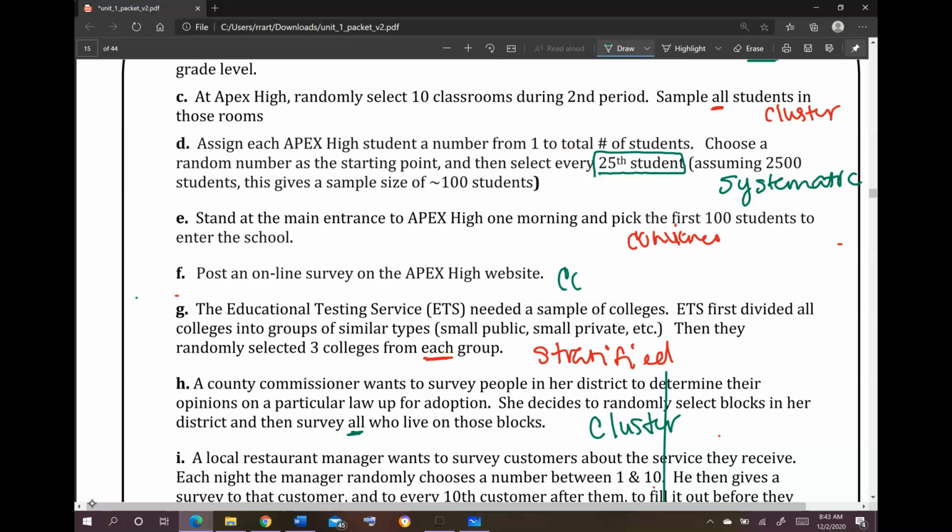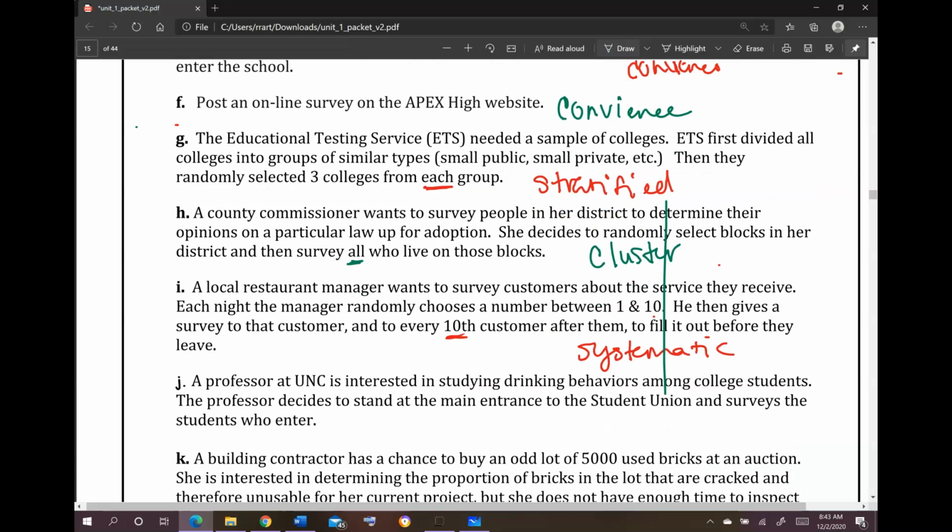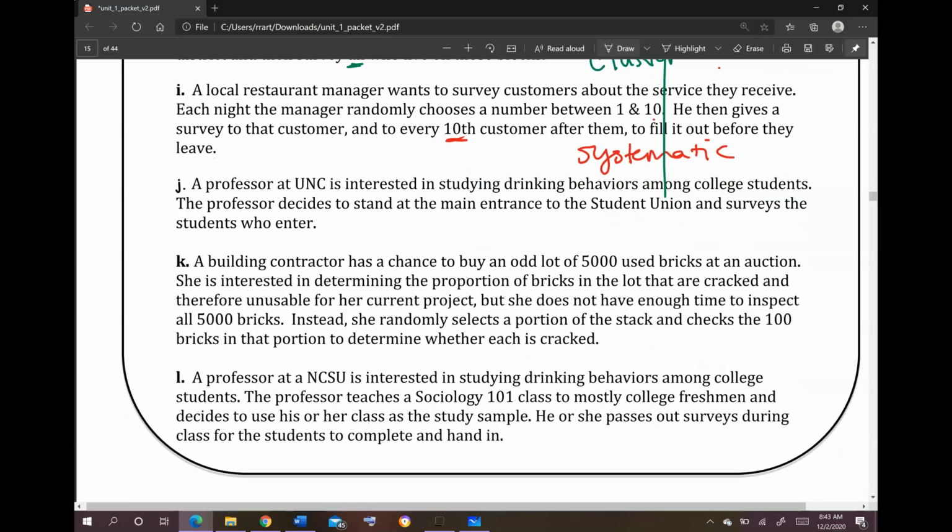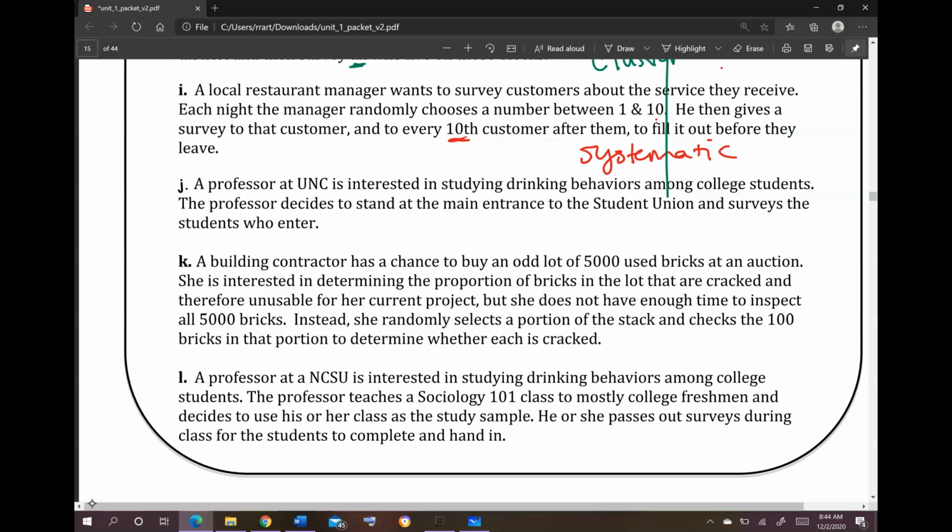When none of the other ones fit, it's probably going to be convenience. Like J, a professor at UNC is interested in studying drinking behaviors among college students. The professor decides to stand at the main entrance to the student union and survey students who enter. Again, convenience. It's making it easier for him.